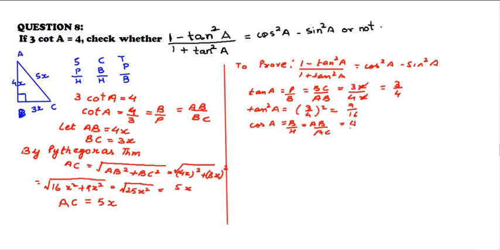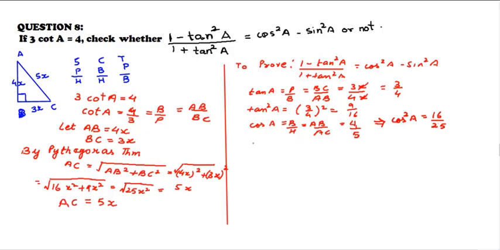So let us find the value of cos A. Cos A is equal to base upon hypotenuse, that is equal to AB upon AC. Value of AB is 4x and value of AC is 5x. So 4x upon 5x is equal to 4 by 5. From here we will get cos square A, that is equal to (4 by 5) whole square, that is equal to 16 by 25.